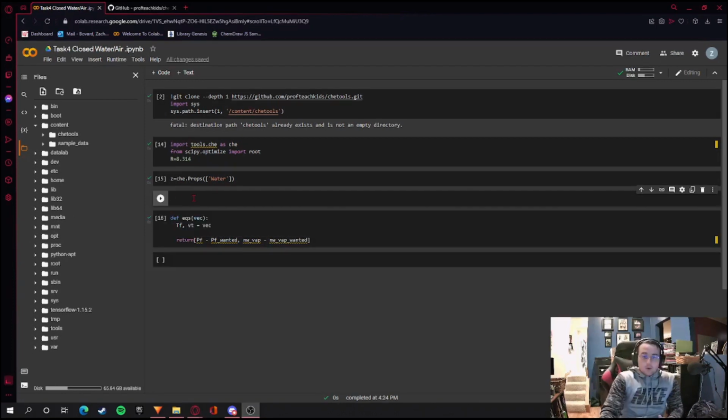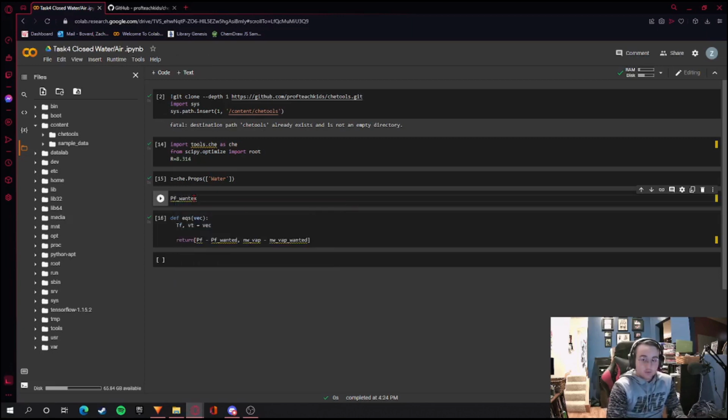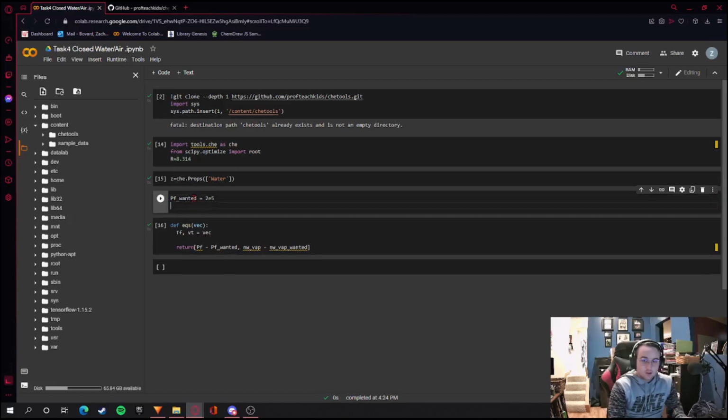And now I'm going to put down those parameters. So we have our PF wanted, which is 200,000 pascals, which is 2e5. And then we also have our number of moles in the vapor phase wanted, which is 0.3.